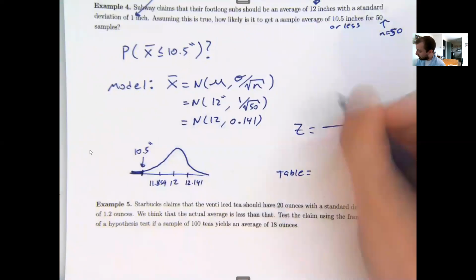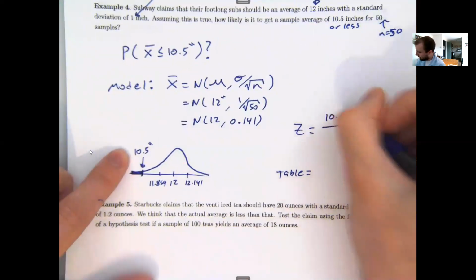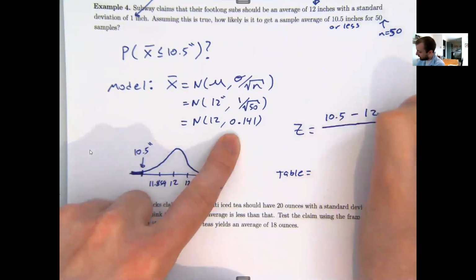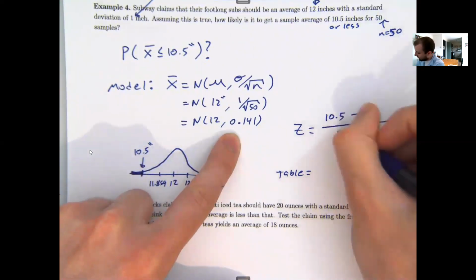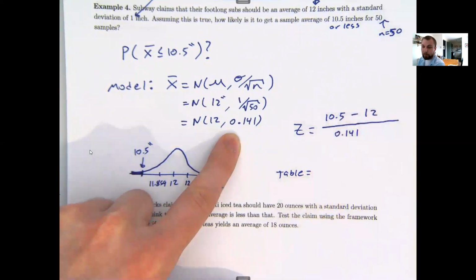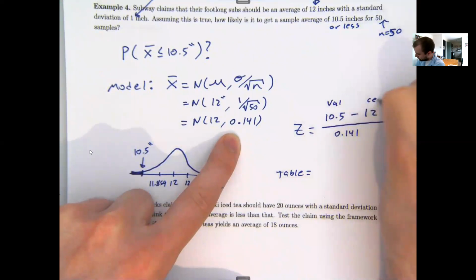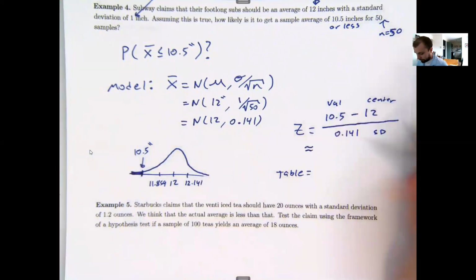My value is 10.5. The center of my curve is 12. Value minus center, divided by my standard deviation, 0.141. I'm going to type this into a calculator and see what I get for my z-score.